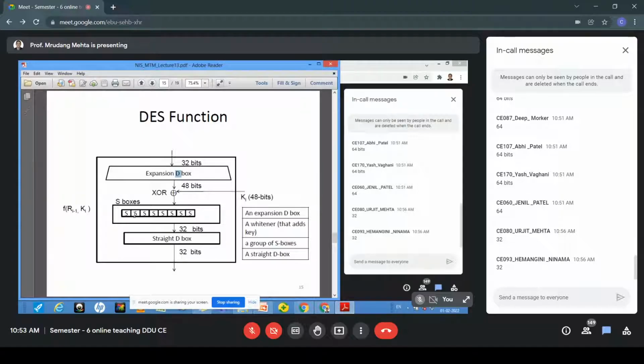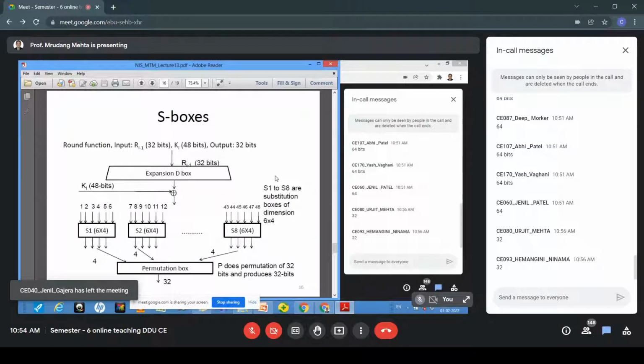S box is substitution box, and there are a total of 8 substitution boxes. And then there is a straight P box that also results in 32 bits. So this is the function of DES. Ri minus 1, Ki. This key which we add by XOR is called the whitener.